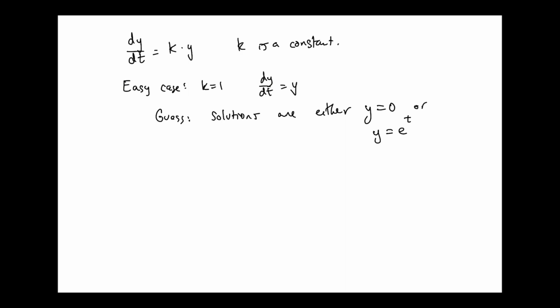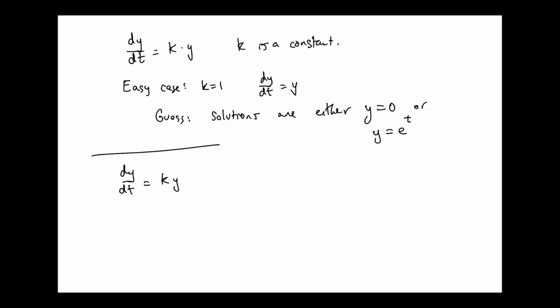Now, we cheated and said k equals 1, just to get our feet wet. But let's put the k back in and see what that does to it. Now, if we had come at this from a different angle, how could we solve this?